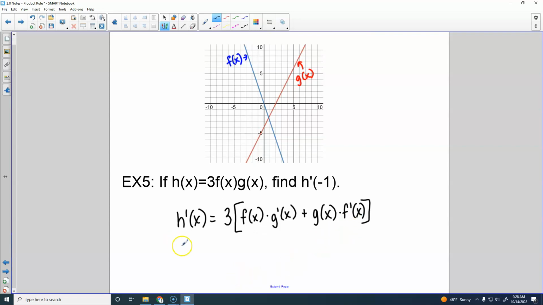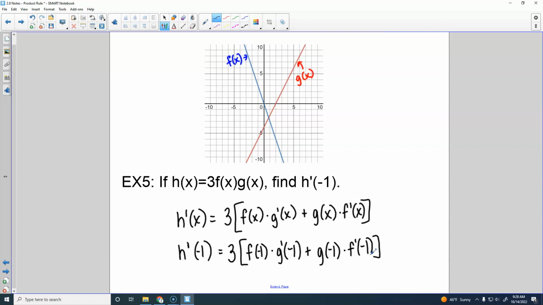Because now you are going to be finding h prime of negative 1, which will be 3 times f of negative 1 times g prime of negative 1 plus g of negative 1 times f prime of negative 1.